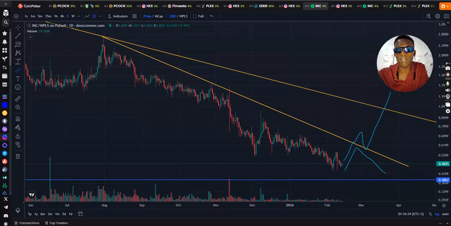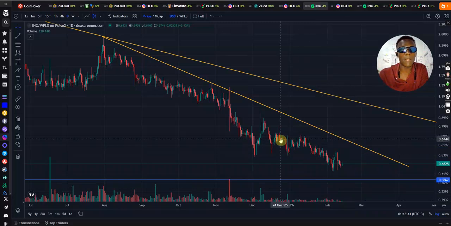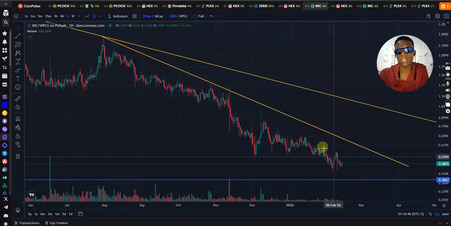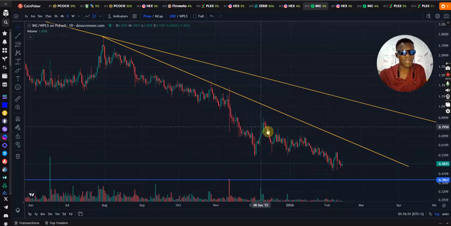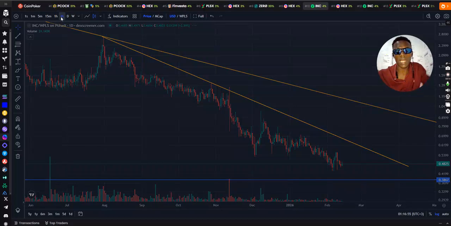So there's some type of market indecision, and after the bulls have enough buying momentum, the price might continue pumping up. So these are just the small sentiments that we are looking at.